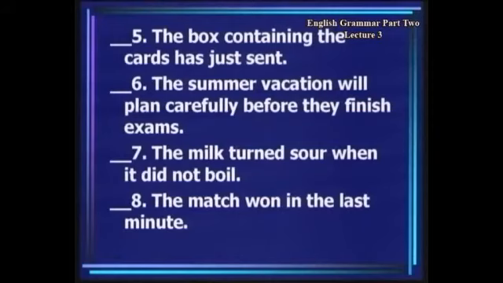Right? يبقى ده معناه إني ممكن أقول the match was won in the last minute، وممكن إني أقول the match had been won or has been won in the last minute. We would regard this all as correct. Okay? طيب.